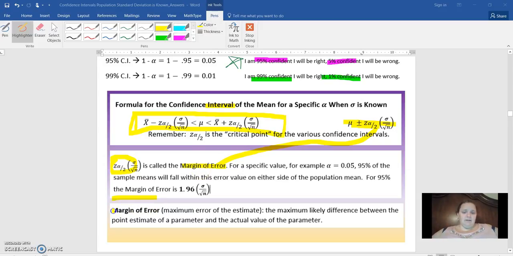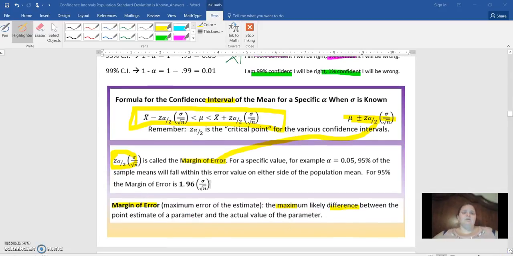The margin of error is the maximum likely difference between the parameter, what we estimate the parameter to be, and the actual parameter. So if the president has a 65% approval rating and it's within 3 percentage points, that means 3% is the maximum likely difference between what reality is.